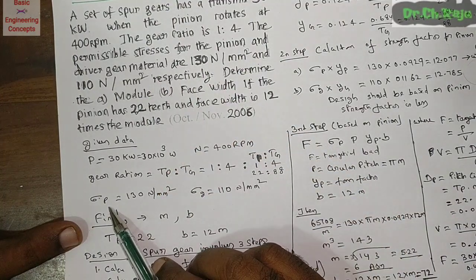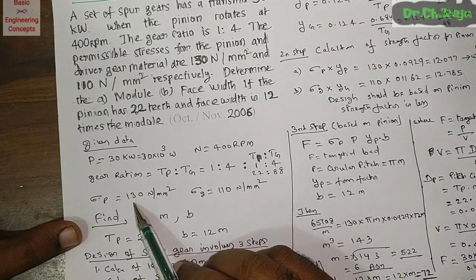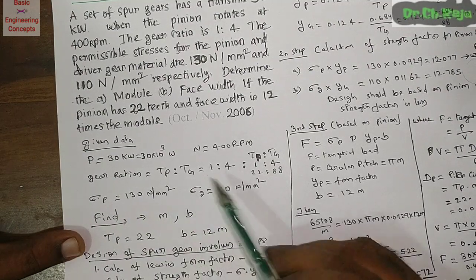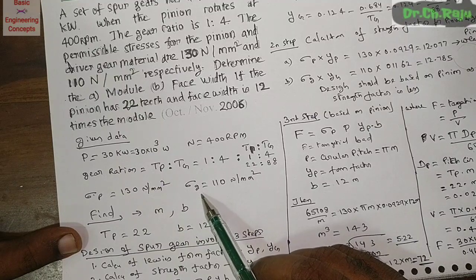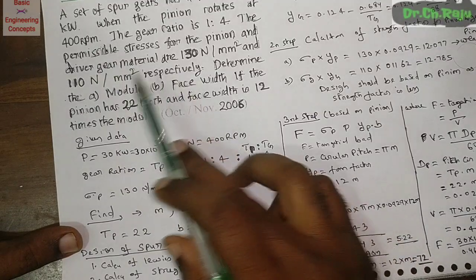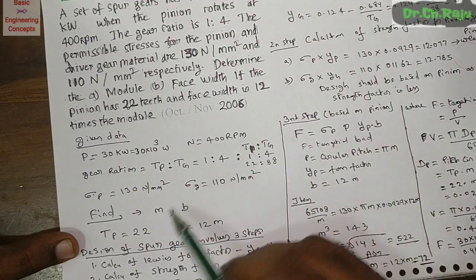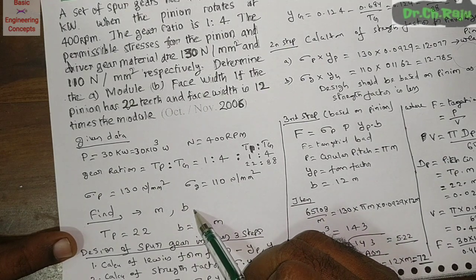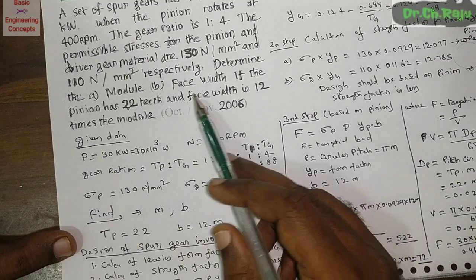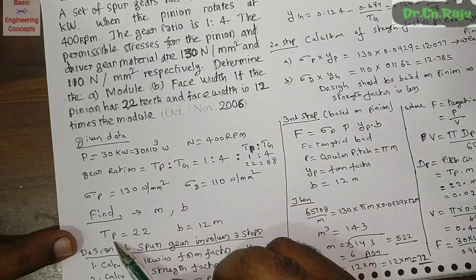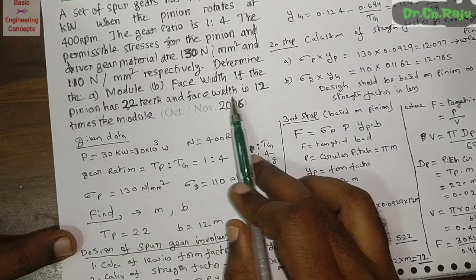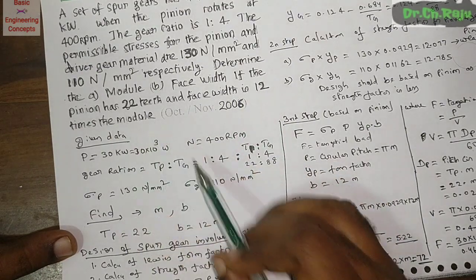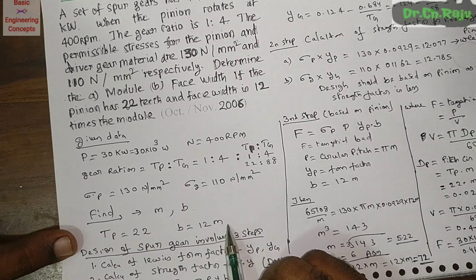Sigma P for the pinion is 130 newtons per mm square, and stress for the gear is 110 newtons per mm square. So determine the module and face width, that is M is the module, B is the face width. If the pinion has TP, that is tooth on pinion equal to 22, and face width is 12 times the module, that is B is equal to 12 module.